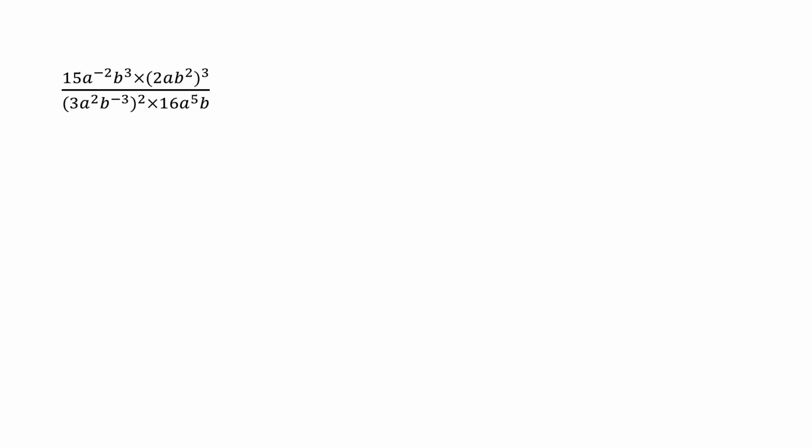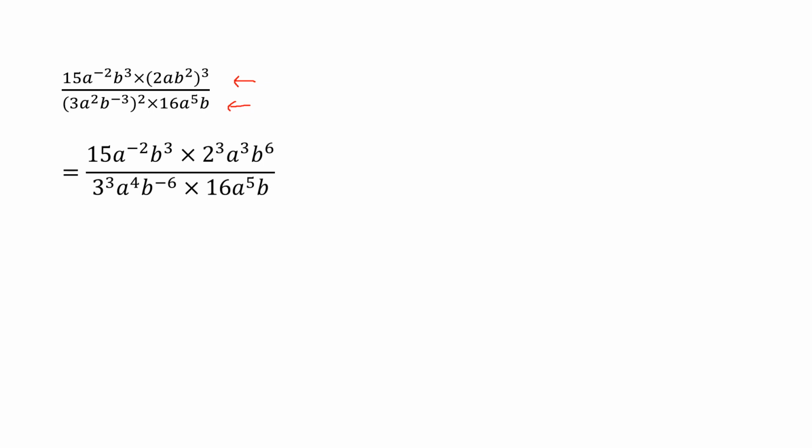Another question, again a and b. So first we multiply the numerators, simplify, and we multiply the denominators at the same time. So 15 into 2. First open the bracket, so opening the bracket means this 3 is multiplied with all the exponents. Here it is 1, it is 1, so 3 ones are 3, 3 ones are 3, 3 twos are 6.